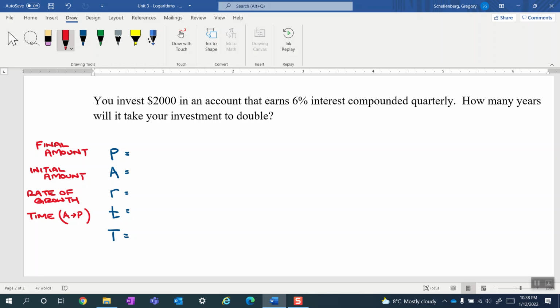We'll talk about these with reference to the question in just a second, but I'll write this down. So big T is the time period for one rate of growth.